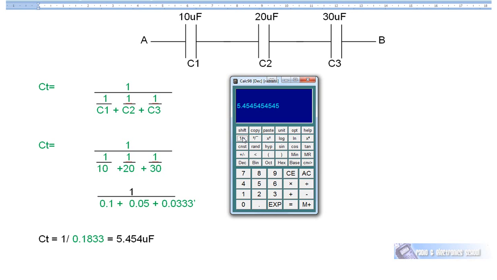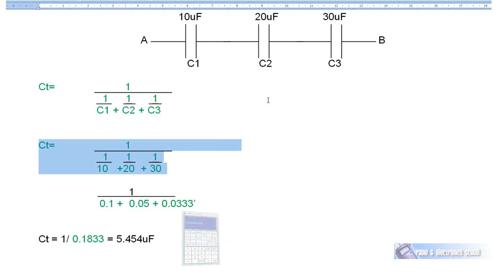Now I think that's very easy, and that would be the method I would choose if I was preparing for an amateur radio exam. This same equation is used for resistors in parallel as well, and it's the same technique on the calculator. Let me just get rid of the calculator.